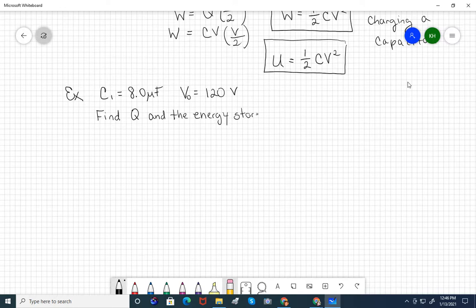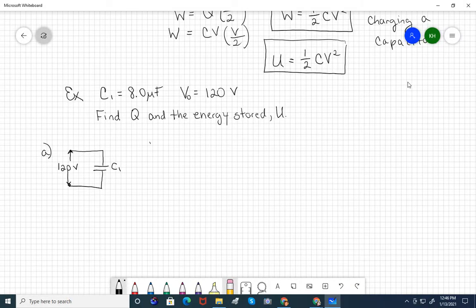And of course, stored energy is U. So here's our picture. We have one capacitor. There it is, C1. And we have 120 volts potential difference between this point and this point.